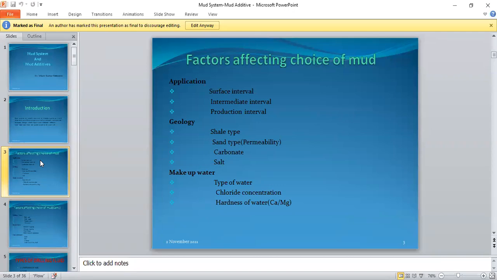The surface interval will be determined by the drilling engineer, the operator. He may say, we will drill from 0 to 1,500 meters, from 0 to 4,500 feet or 5,000 feet, and we will call it our surface interval.